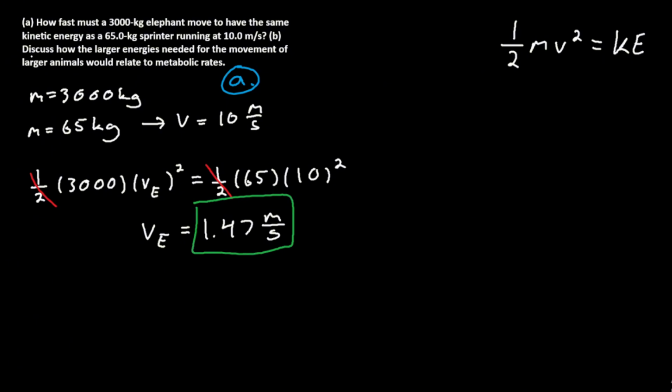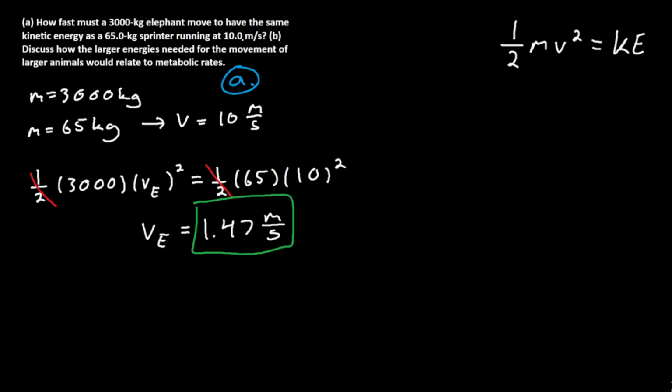In order for an elephant to move at 1.47 meters per second, it needs the same amount of energy as a sprinter running at 10 meters per second, which is very, very fast. I'm pretty sure that would qualify you for at least Texas high school track state. 10 meters per second, a 100-meter dash in 10 seconds, is pretty close to Olympic times.